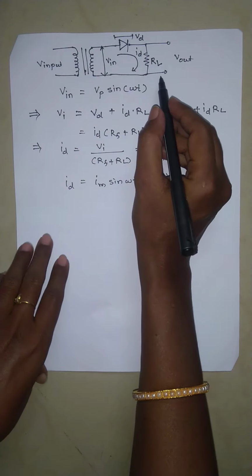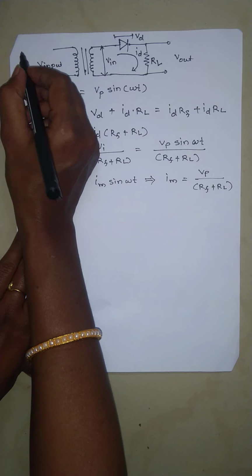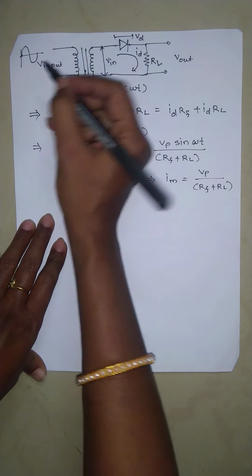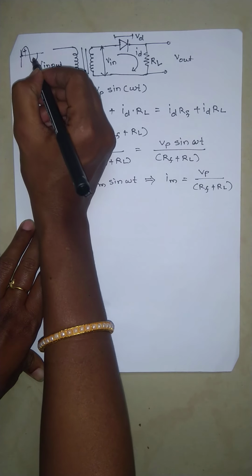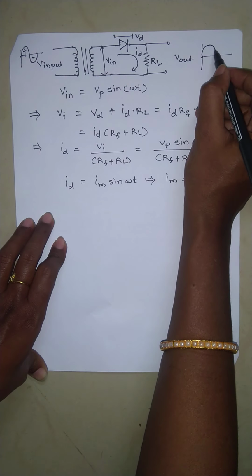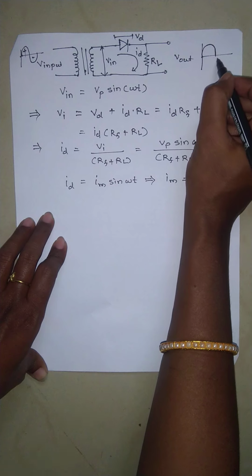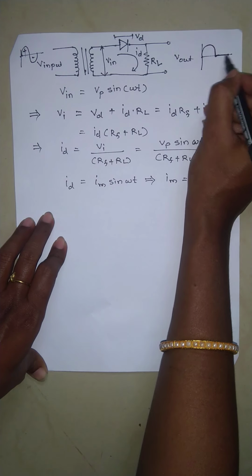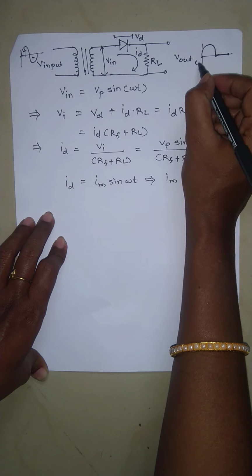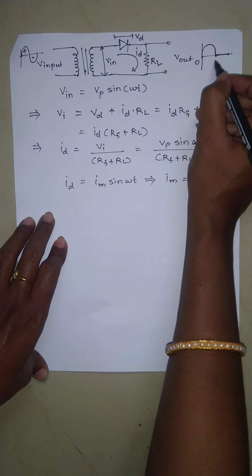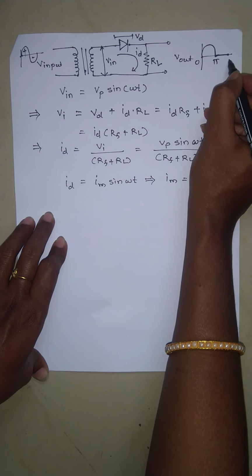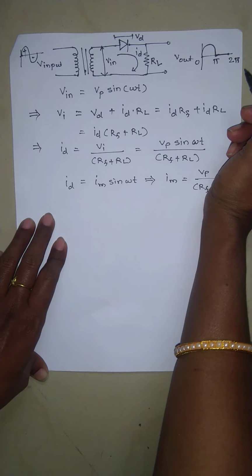Now, as this is the half wave rectifier, when we apply an AC current, that is a positive cycle and a negative cycle, what are we observing? We are observing that it is conducting only in the positive cycle while it is non-conducting in the negative cycle. That means we can say it is conducting for the phase 0 to pi, whereas it is non-conducting for the phase pi to 2 pi.